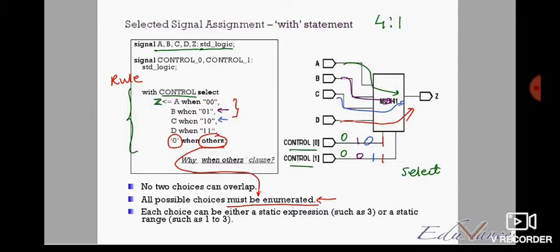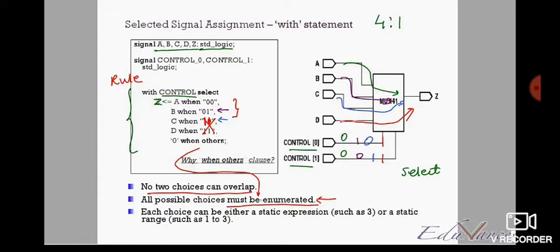You cannot have two choices overlapping, so you could not write, for example, that Z would get C when 1, 1 and D when 1, 1. This is not acceptable. So two choices cannot overlap. All choices must be specified.